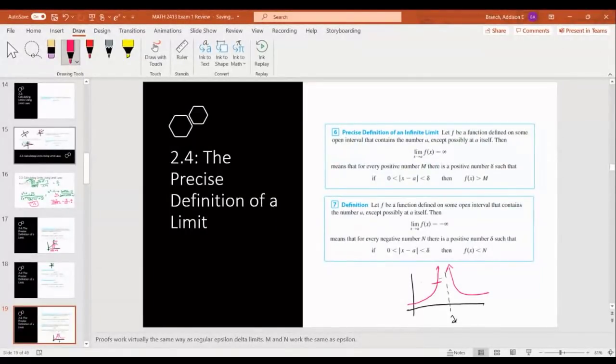We'll have some point M, that's going to be a y value, that we can define, and we can say that everything that's delta away from a is going to be greater than M until we hit that spot.